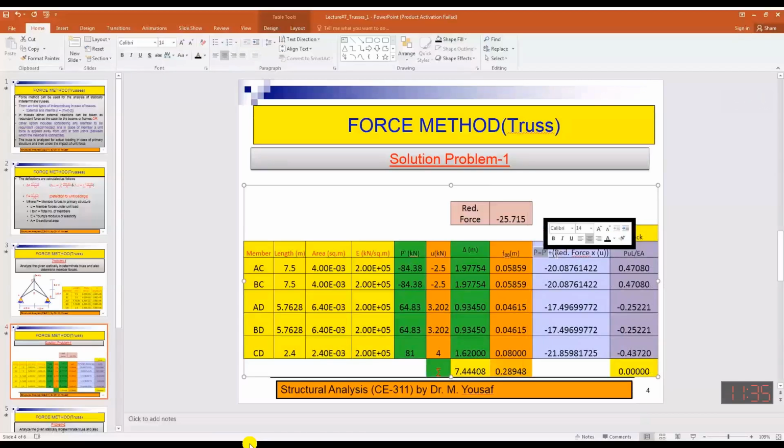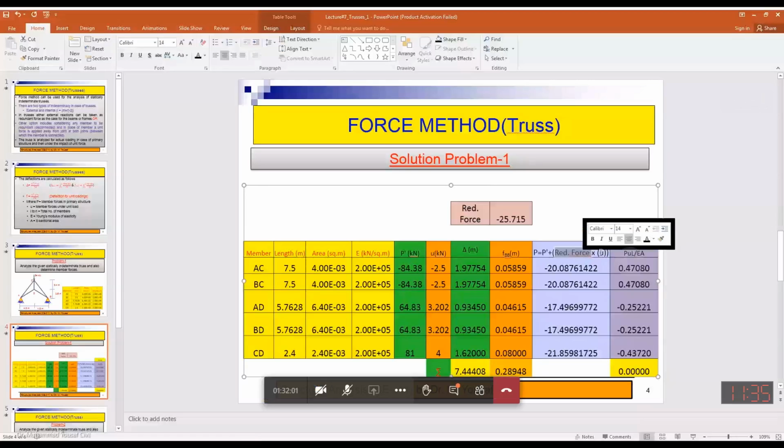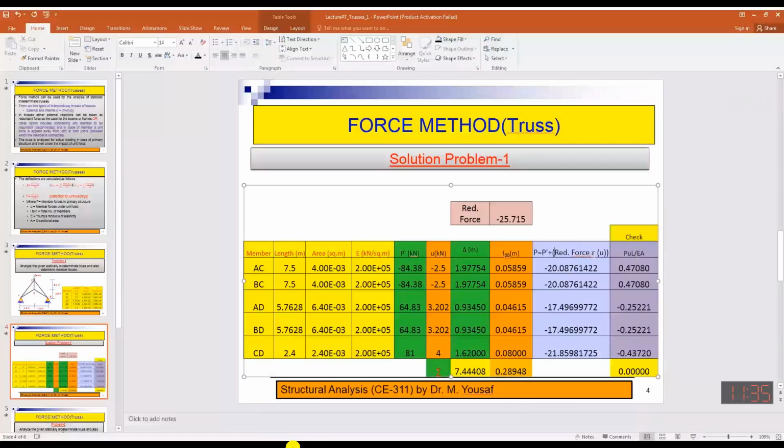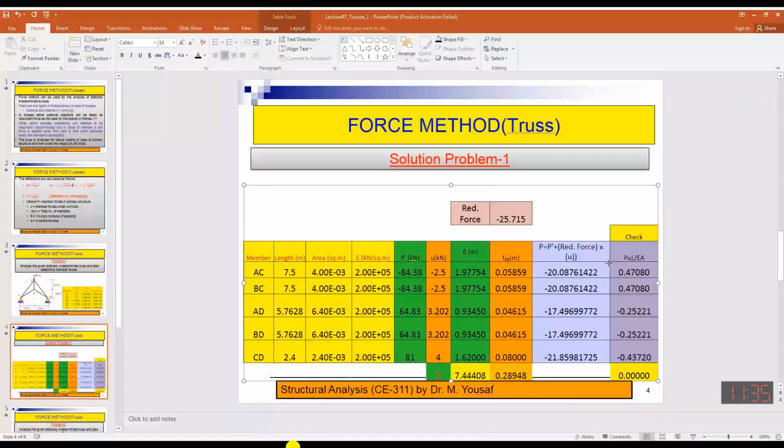It should be multiplied with the unit force. Redundant force multiplied by the unit force.